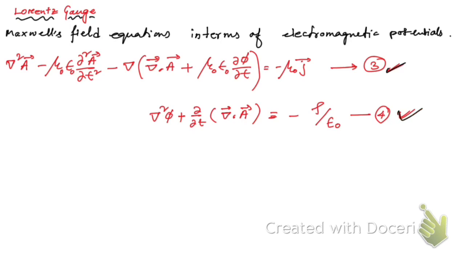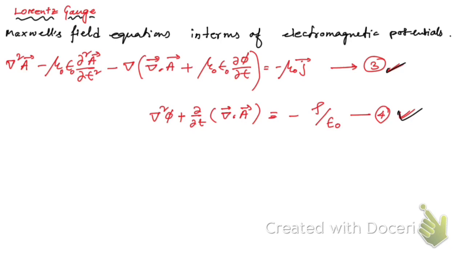Now you see, in both equations we have both scalar and vector potentials. So if we want to represent them either in terms of only scalar or only vector potentials, then what do we have to apply?